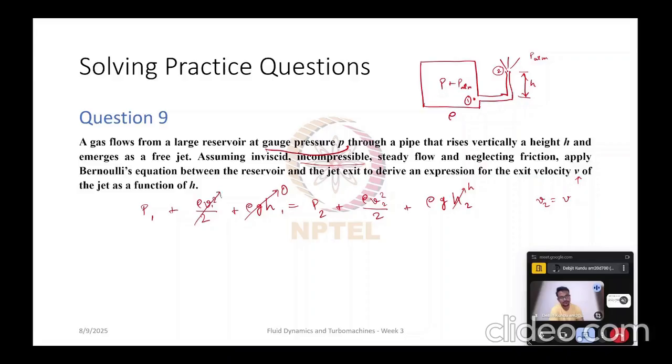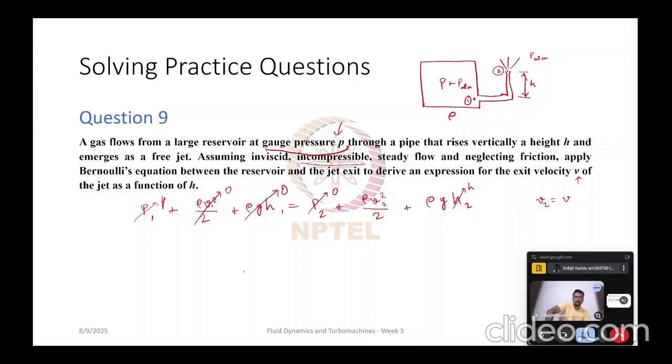V1 is also 0 since the gas within the reservoir is at rest. P1 is equal to this gauge pressure P. So this is small p, and P2 is 0. It's actually the atmospheric pressure which we are subtracting to get the gauge pressure in the first place.